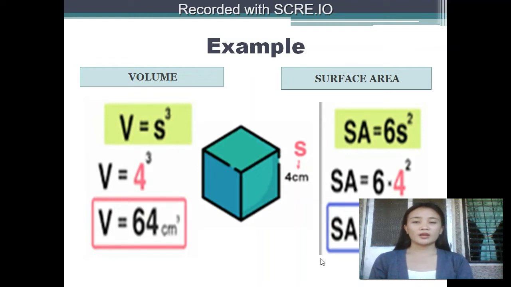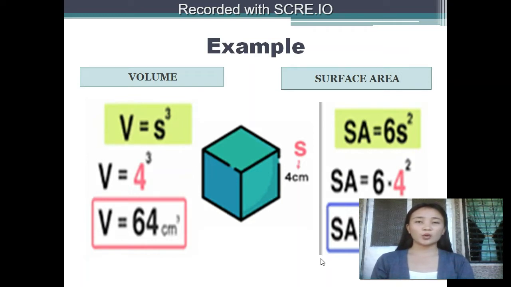Then the volume is equal to 64 centimeter cube. 4 times 4 is 16, times 4 is equal to 64.